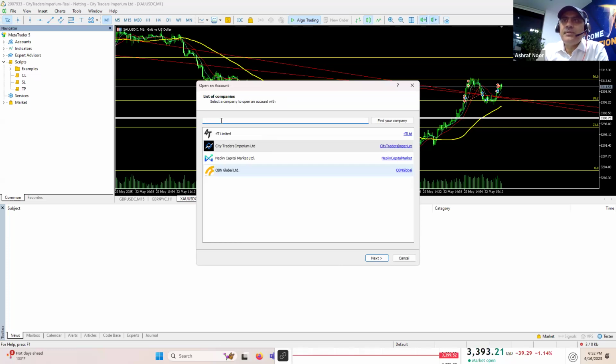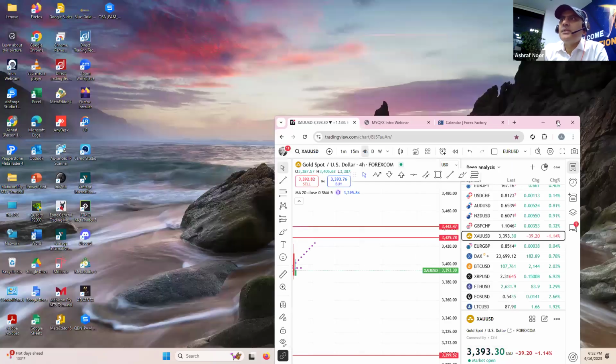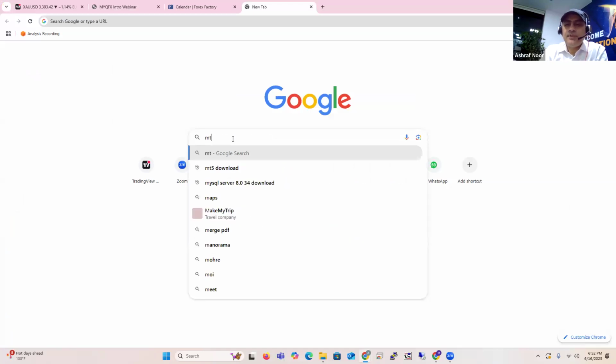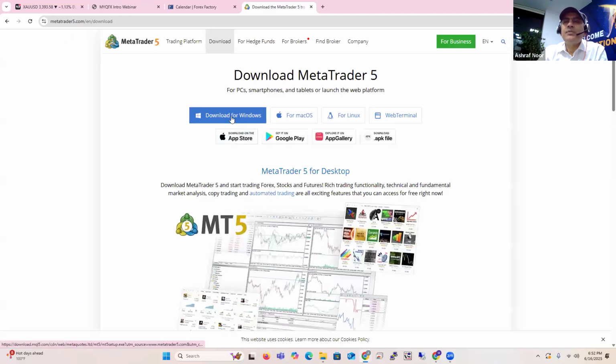You just type here MT5 download, and from here you can download for Windows or Mac. Once you download it, just open a live account, type QBN Global, and from there you can proceed, which is pretty straightforward.